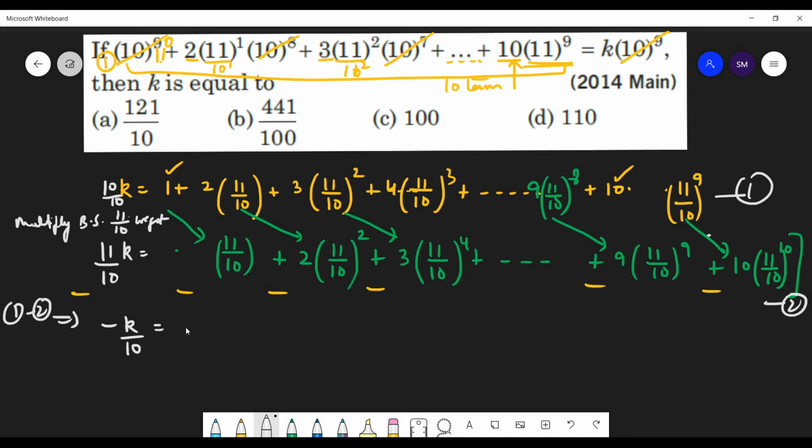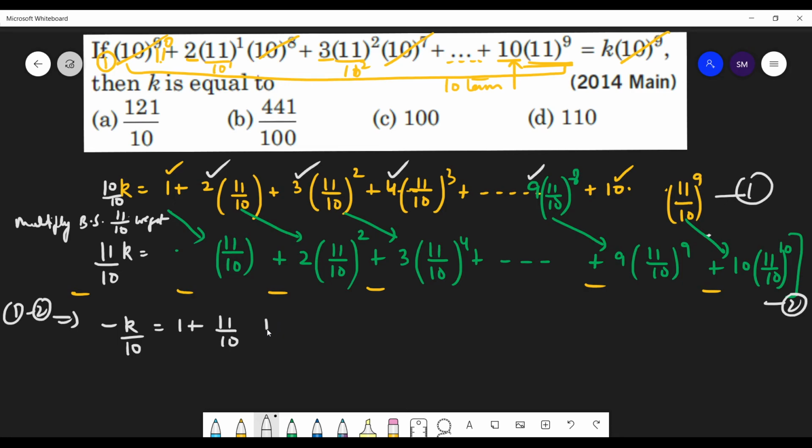Agreed? Yes, sir. So now 1 plus, what do you get from here, students? 11 by 10. Very good, 11 by 10. So my aim was to remove this coefficient so that it will become a GP, right? You have done it earlier also many times.